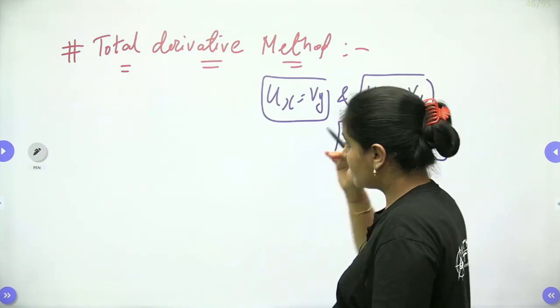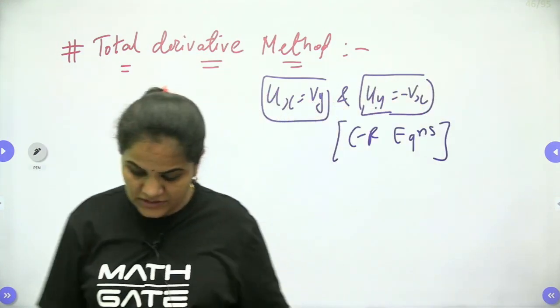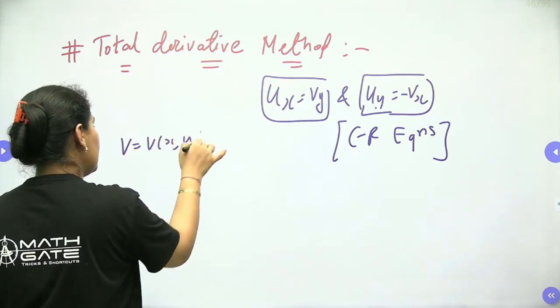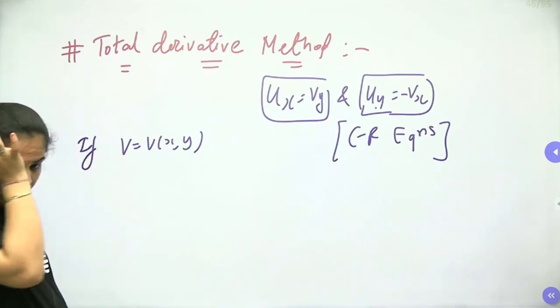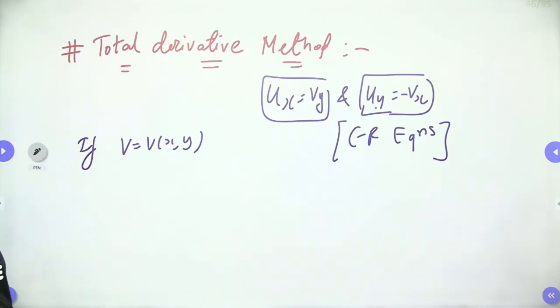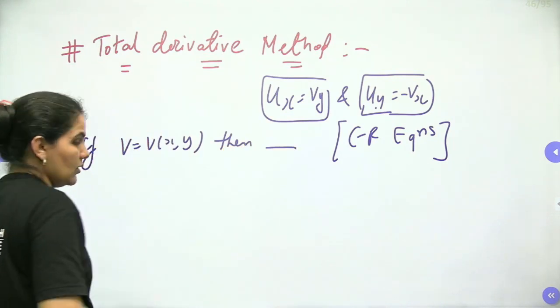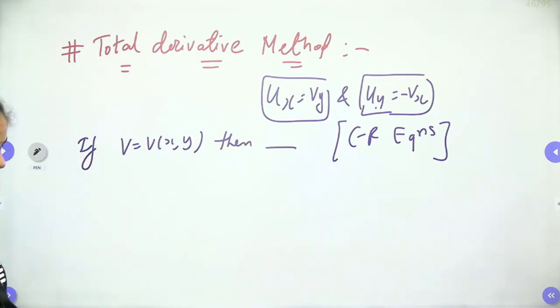Now let's discuss the method. Suppose v = v(x,y) is given to you.